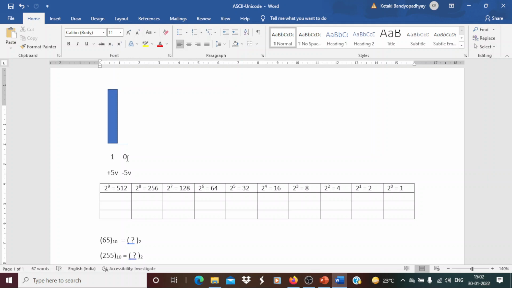So that is the logic why we use 1 and 0. We use 1 to represent presence of signal, and 0 for absence of signal, and 1 or 0 is called a bit. And as you all know, a chunk of 8 bits, either 1 or 0 or a combination of 1 and 0, represents a byte.